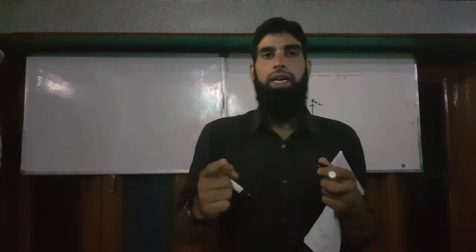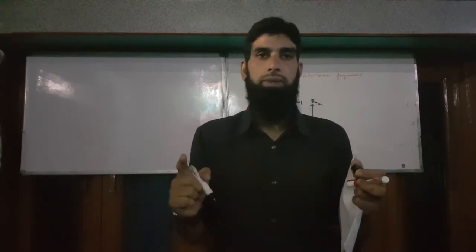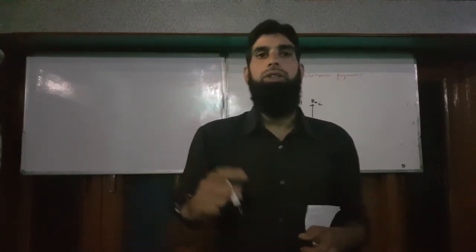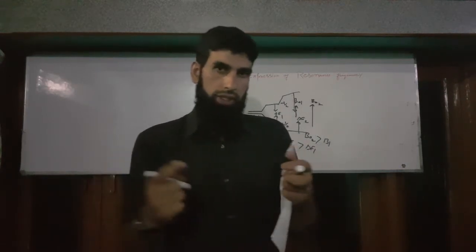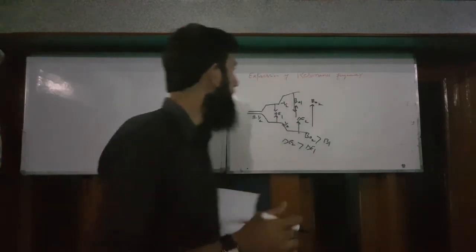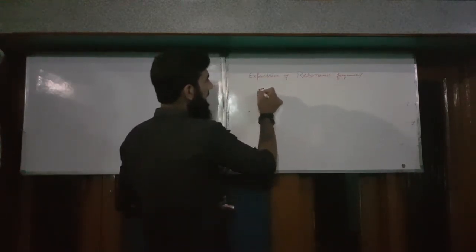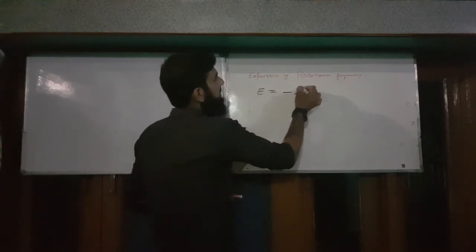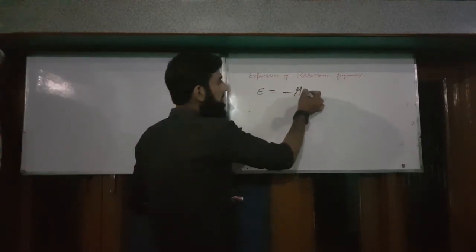The magnetic moment of the hydrogen nucleus is fixed, so the one catch in our hand is to increase the strength of the external magnetic field. If we increase it, the interaction will increase. So if we write the energy of interaction, E, between the nuclear spin state and the external magnetic field, it is equal to minus mu, the magnetic moment of the nucleus, multiplied by Bz, the external magnetic field.